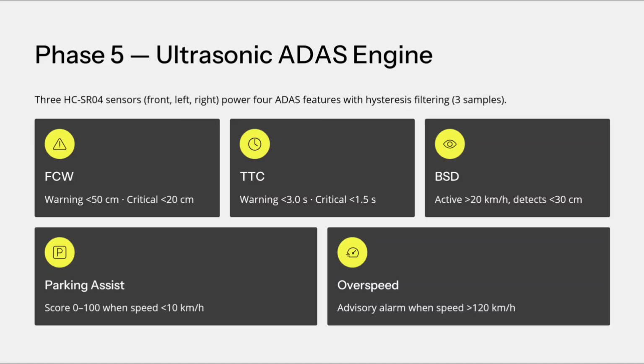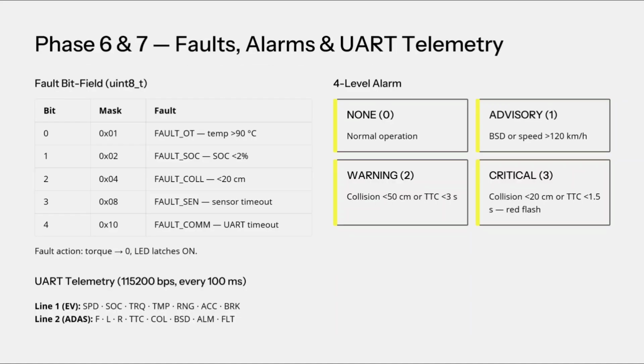You will see while executing also the time to collision is there, left and right blind spots are there, parking assistance, overspeed. An advisory alarm will also be triggered when our speed is overspeed, that means greater than 120 kilometers per hour. And we have fault and alarm and UART telemetry.